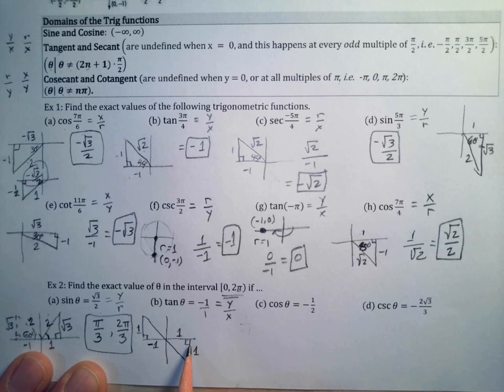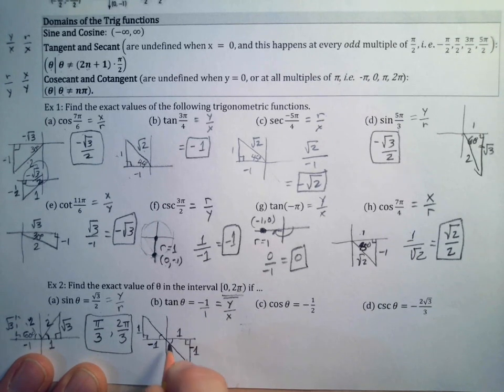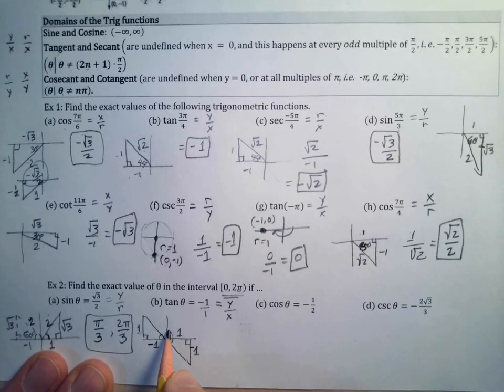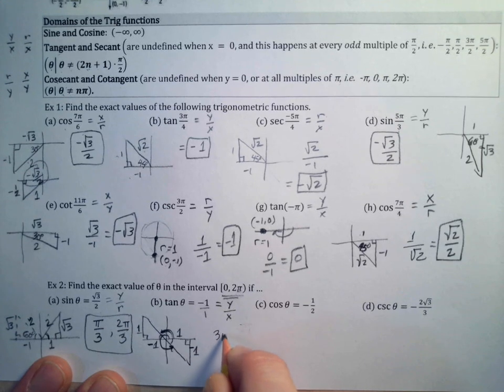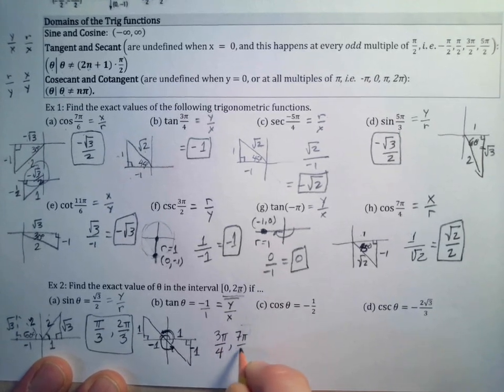The x is negative here, the y is negative here. So now what would these angles be, right? They're both 45 degrees, but neither is actually pi over 4. That's the angle we're interested in. And then all the way around here, that's the angle we're interested in. So this is 3 pi over 4 and 7 pi over 4.